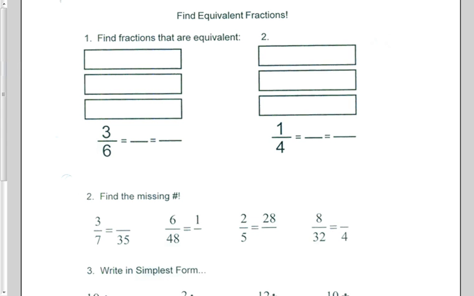All right, so let's take a look at this next page, and we're going to explore a couple different concepts. So I'm going to do one of each with you, and then you're going to do the rest on your own. So find fractions that are equal to 3/6. The first thing you need to do for this example is cut this into 6 equal parts, and then shade 3 of them.